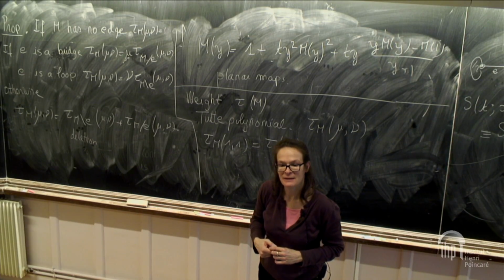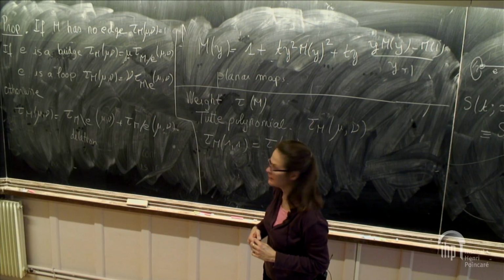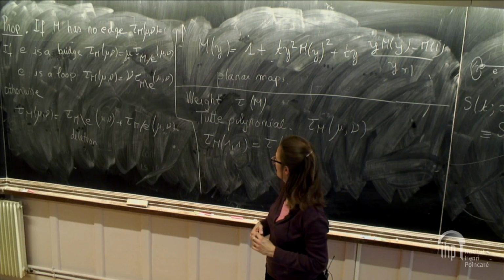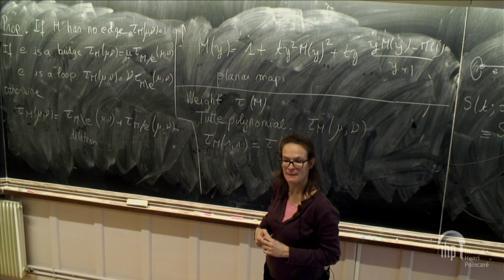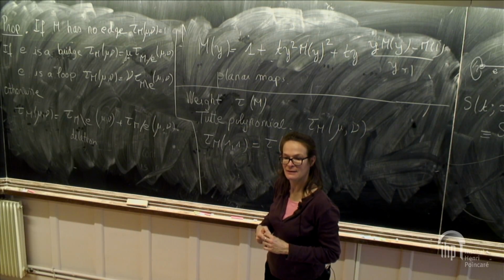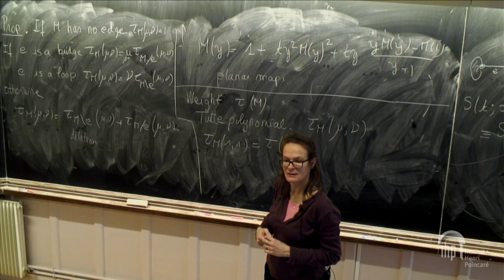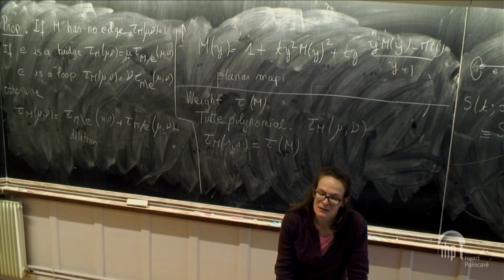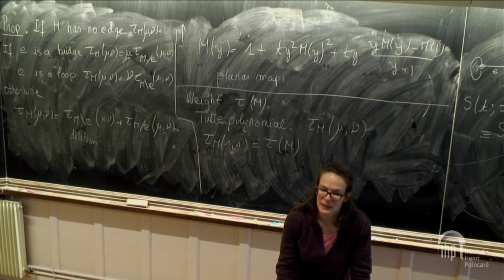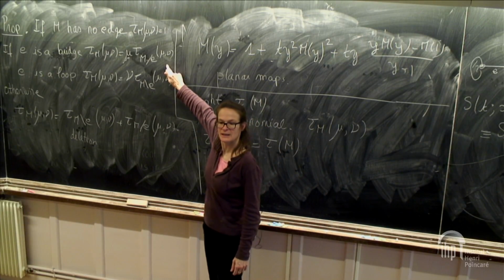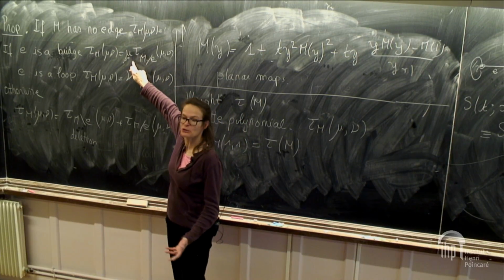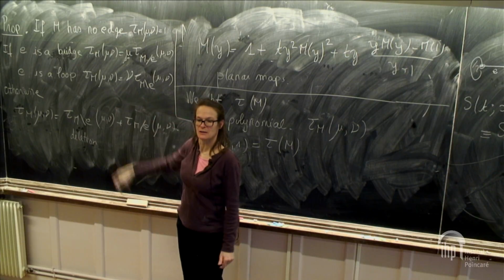Sorry? There's a weight. You mean here the fact that there is a mu? Yeah, so it's essentially a weight on bridges and a weight on loops. You can think of it like that.